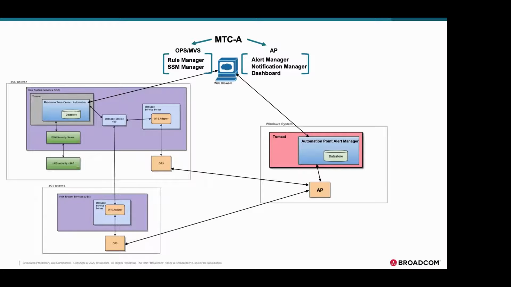However, there are no dependencies. You can have the left part without having the entire Automation Point installed in the first place. You will lose all of its components, but still you'll be able to get the Rule Manager and System State Manager. The same thing applies for the right part. You can get Alert Manager, Notification Manager, and the dashboard without having OPS installed in the first place.